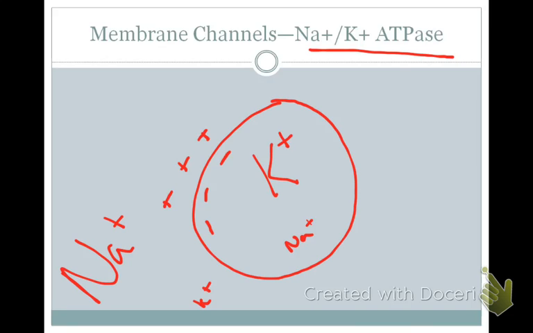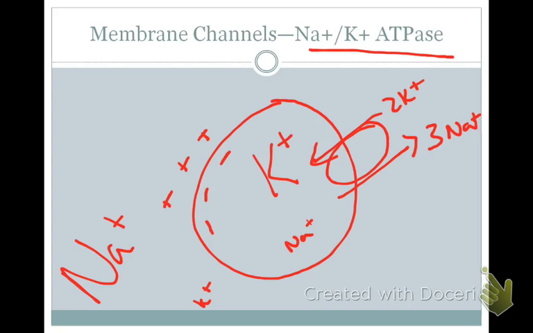One of the ways that this gradient is established is by the use of the sodium-potassium ATPase pump. For every 3 sodium ions that it pumps out, it takes in 2 potassium ions. So this moves to concentrate potassium inside, sodium outside, and since there are 3 positive ions going out but only 2 coming in, that helps establish the relatively negative inside membrane potential.